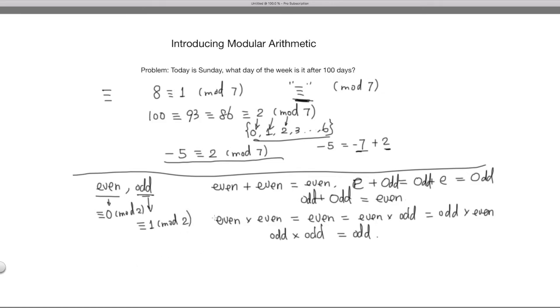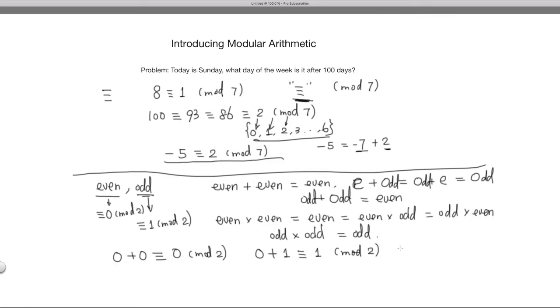So if you write all those things, it's 0 plus 0 is 0 mod 2. Okay? 0 means even. Even plus even equals even. 0 plus 1, the usual operator 0 plus 1 equals 1, right? And here I'm going to write it's still 1 mod 2.